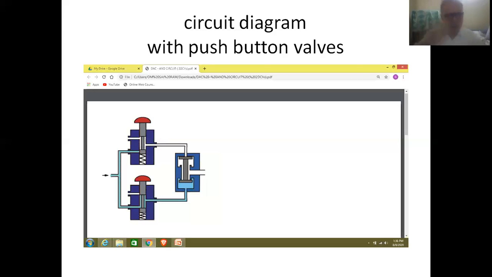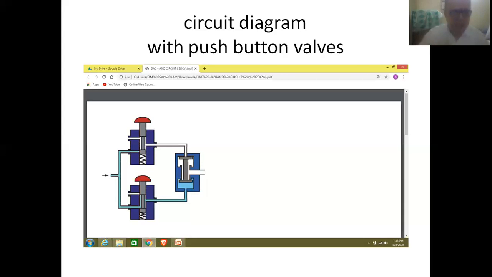In the first phase of operation, the first valve will be brought to first position, and the second valve will be brought to second position. Therefore, the fluid will enter from the left hand side of the piston and leave from the right hand side of the piston. Therefore, the piston will move in the forward direction. This is used for performing the forward stroke of the piston.